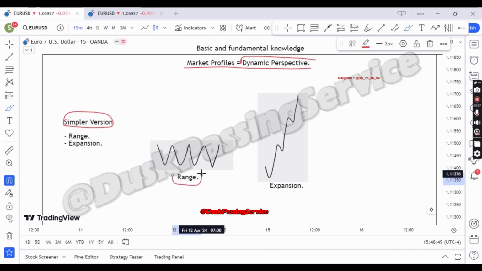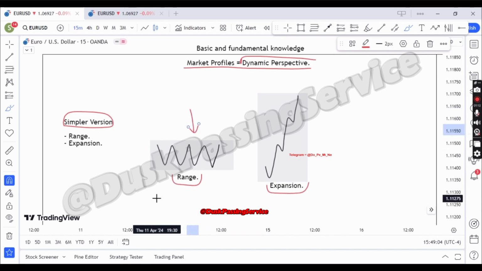Now, the two aspects contained in it are a ranging or consolidation profile and an expansion profile. Now, let me explain these market profiles to you before we move on to the advanced market profiles, right? Now, you guys have been taught only the simpler version of market profiles and are only familiar with this one, right?